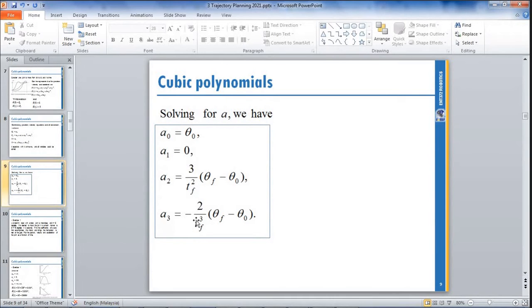To find a3, you put negative 2 over t final to the power of 3, times the angle theta final minus theta 0. If you use this formula, you can easily find a0 to a3.